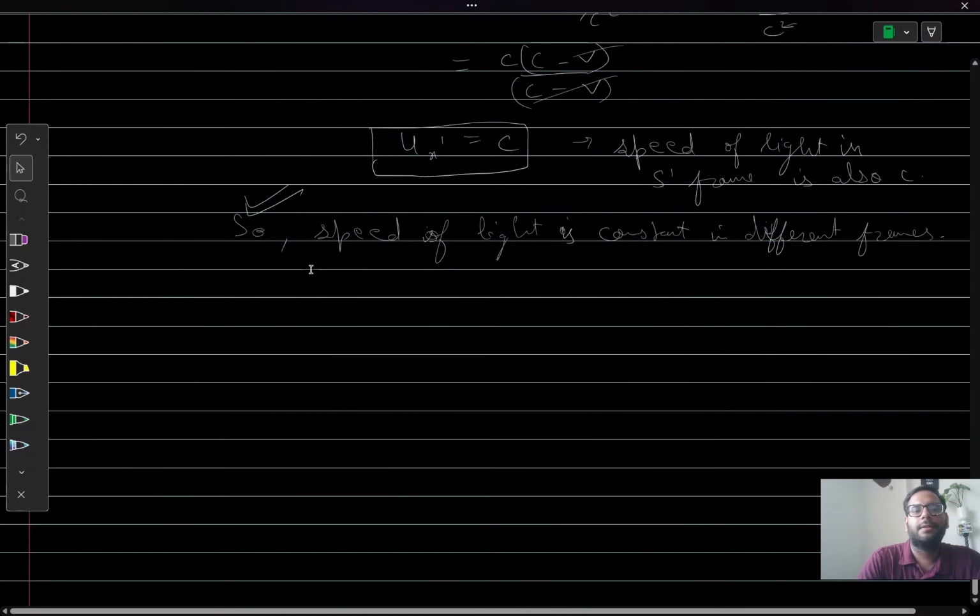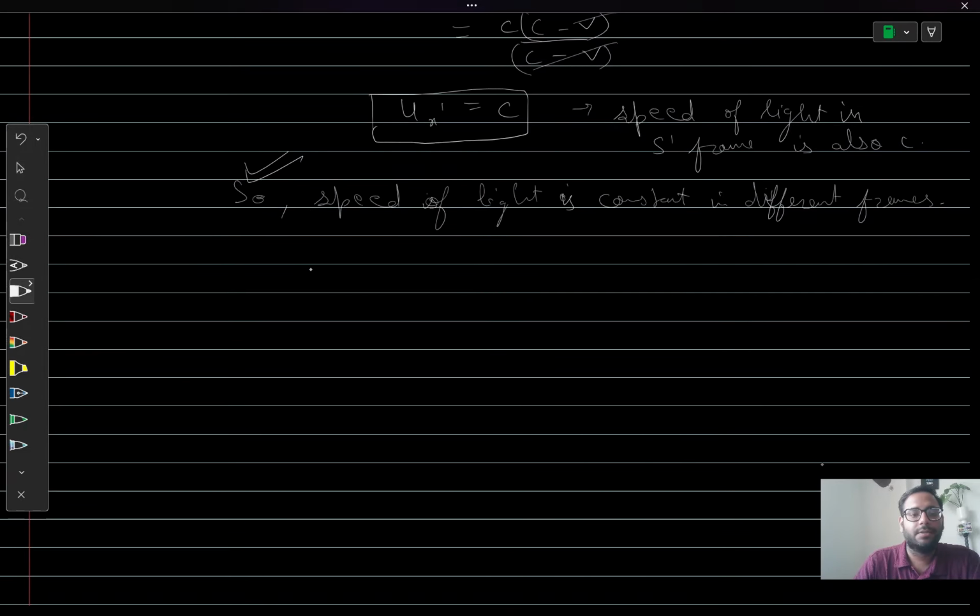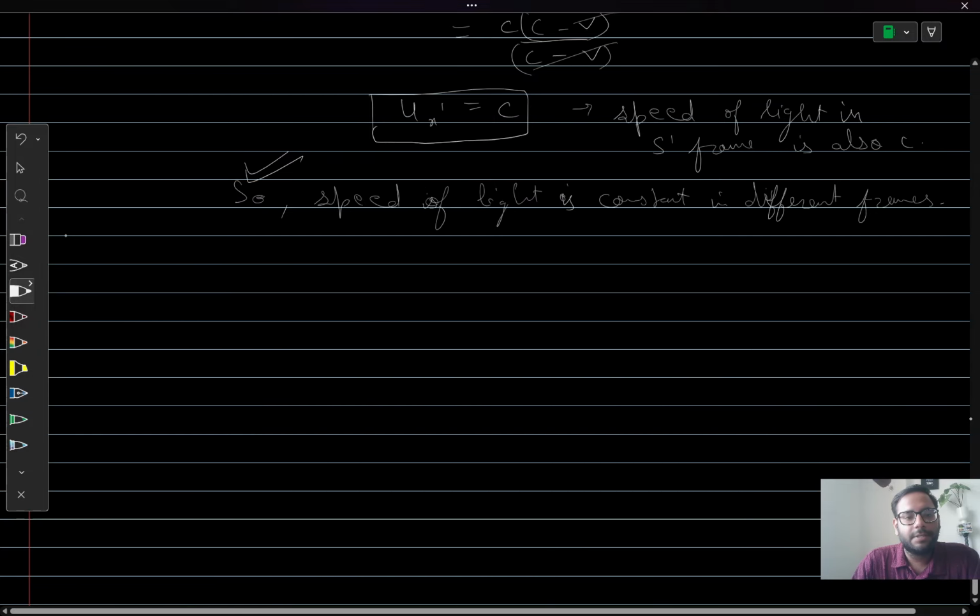So this is fine, and you can check the above cases in different directions also. So this has been verified that the speed of light in Einstein's relativity remains constant in all inertial frames.